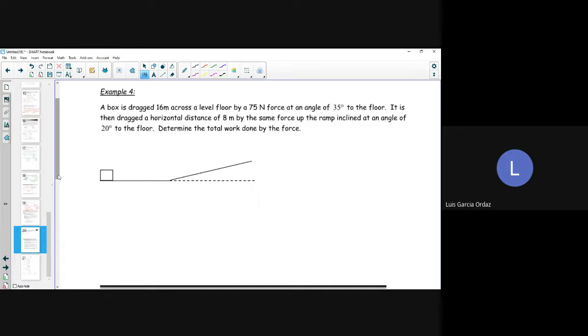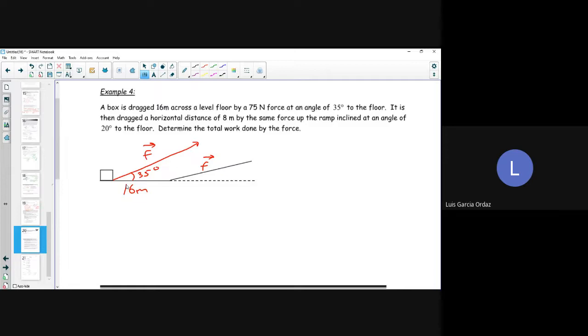So I'm dragging it across 16 meters, and this force makes an angle of 35 degrees, across a level floor by a 75 Newton force. This is my force vector, and same thing over here.